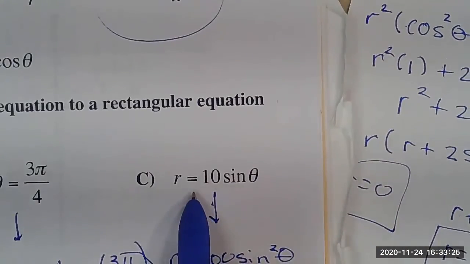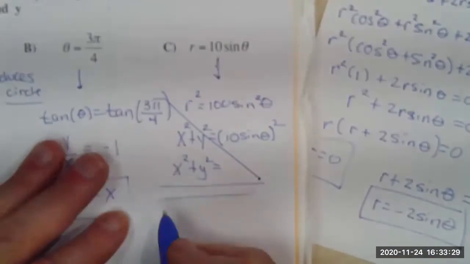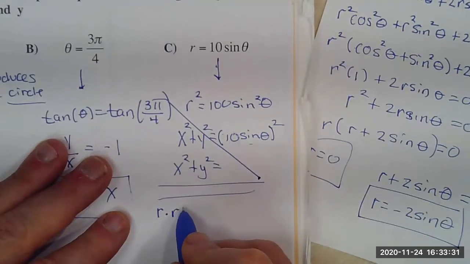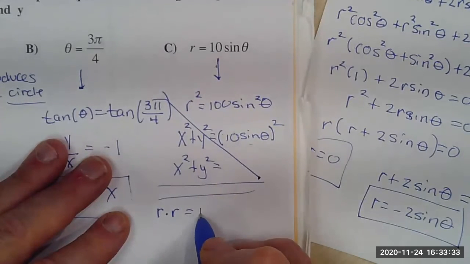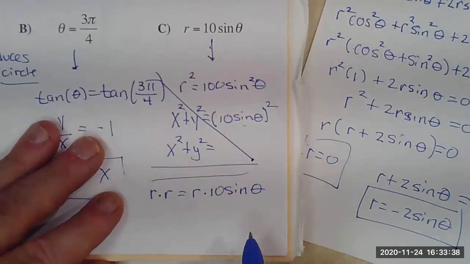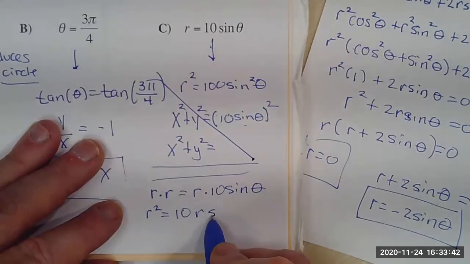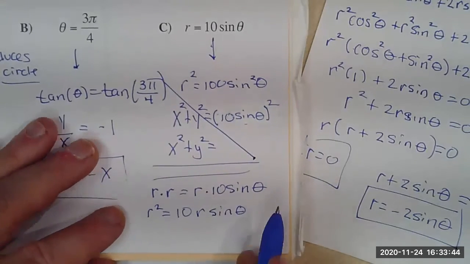I'm going to multiply both sides by R. Yeah, that's the key. So then R times R is equal to R times 10 sine theta. This is R squared is equal to 10 R sine theta.